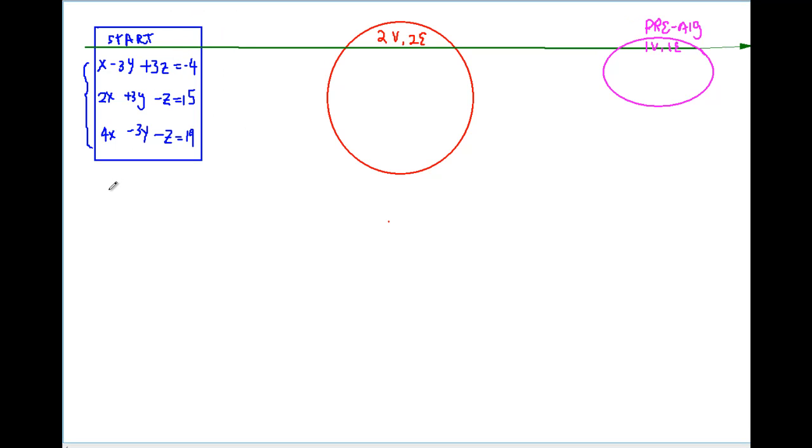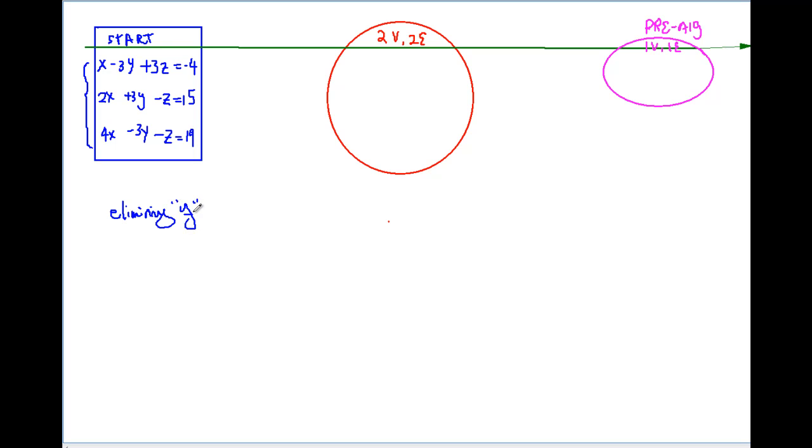Let's make sure I'm keeping track of my color code here. So once again, I have 3 variables, 3 equations here. What I'm really trying to do is reduce this into 2 variables, 2 equations. Closely examining those 3 equations, I think eliminating variable y is the best choice.